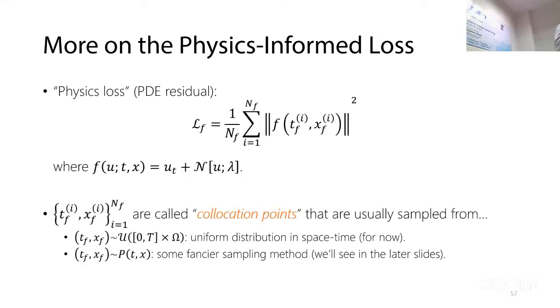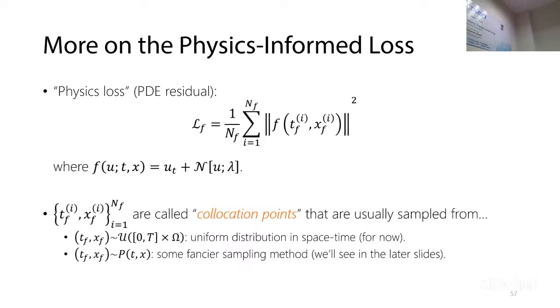Now, a little more on the physics informed loss, or the PDE residual term. The collocation points are defined as the pair of the location in time and the location in space. Like I said earlier, you do not need a ground truth value of the physical quantity, so note that there's no u involved in the definition of the physics informed loss.